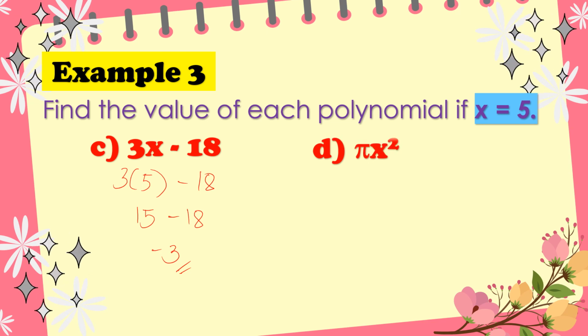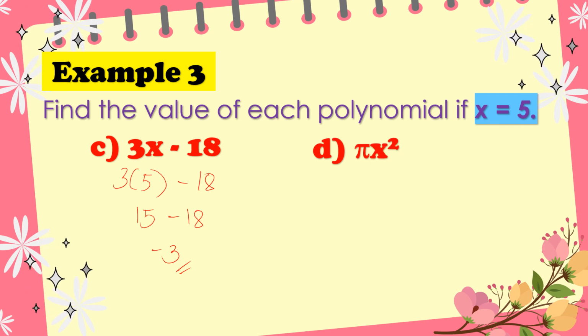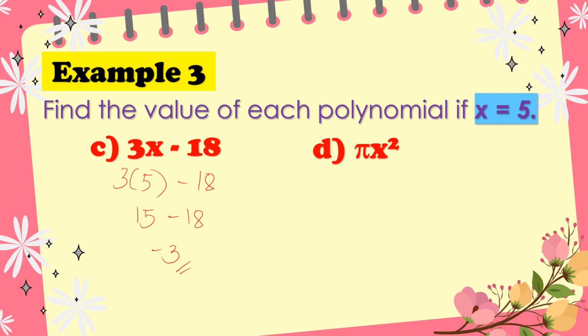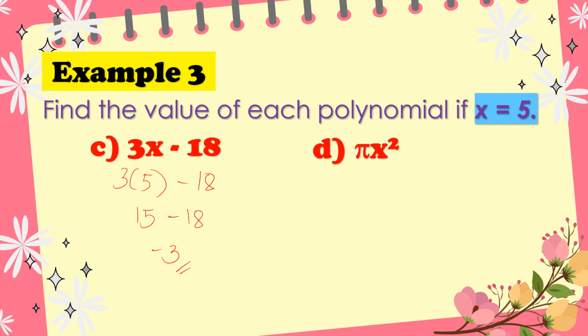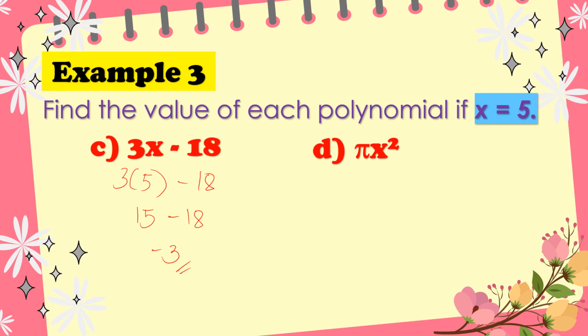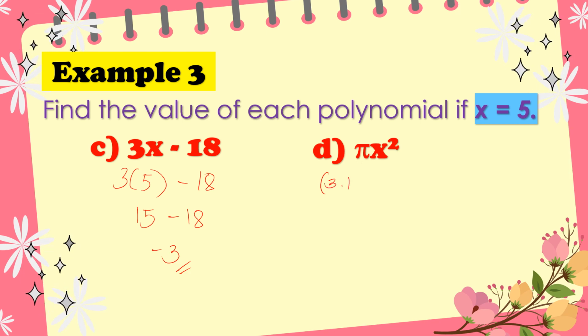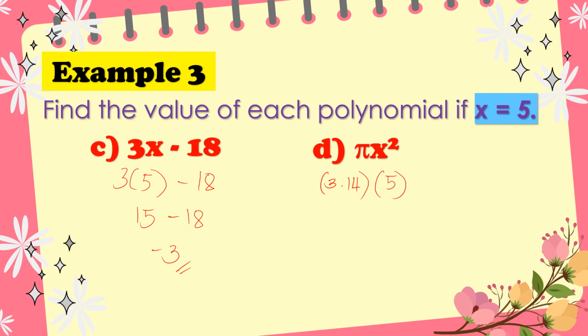And for the last question, we have pi x squared. If the value of x is 5, anong magiging value ng ating expression? Tandaan natin, this is a constant. At ang katumbas ng pi is 3.14. Pwede na natin siyang i-substitute. And then, i-substitute din natin yung value ng x, which is 5.